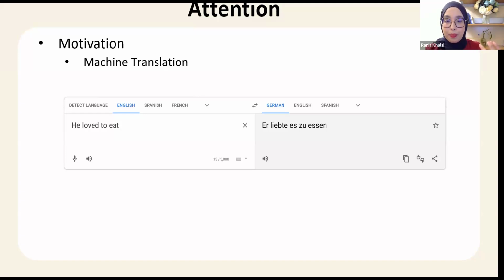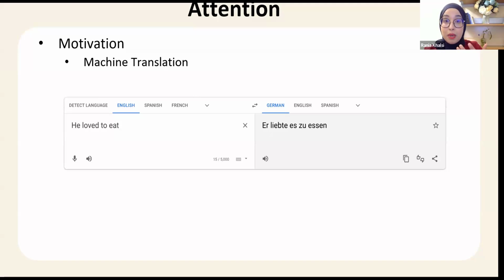Let's take a well-known example of machine translation. Here we have Google Translate, okay? Given the input "he loves to eat", what happens? There is a target language, here it's German. Behind this capacity and the final result that we see, "liebt es zu essen", which is a translation for "he loves to eat", what is the secret?